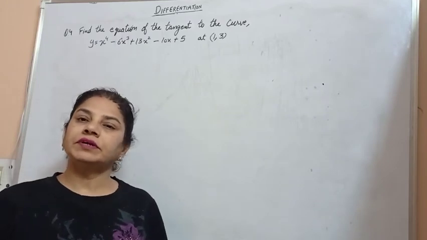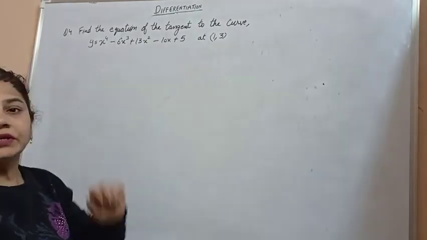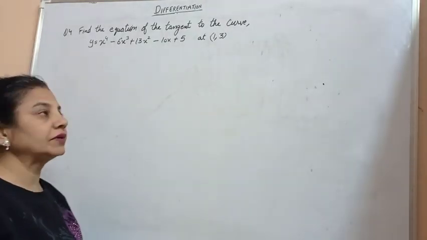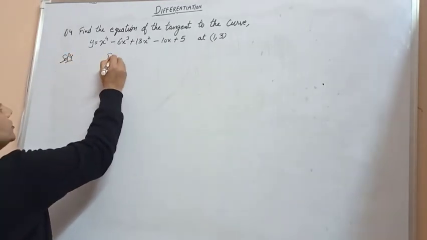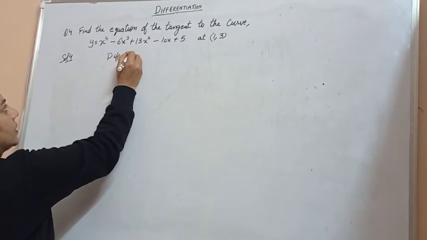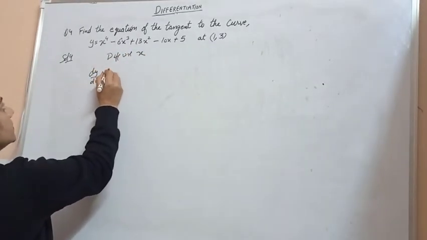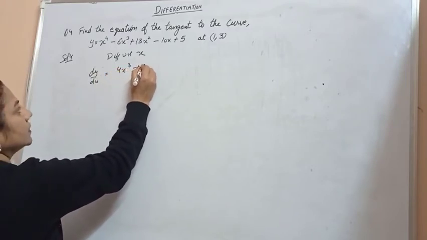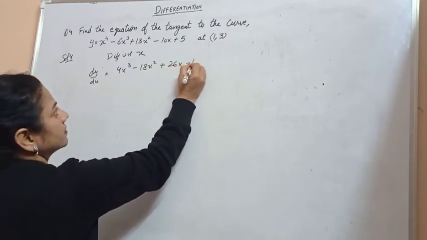Find the equation of the tangent to the curve given to us at point 1, 3. First of all, we calculate the slope of the tangent. Differentiate with respect to x, we get dy by dx is equal to 4x cube minus 18x square plus 26x minus 10.